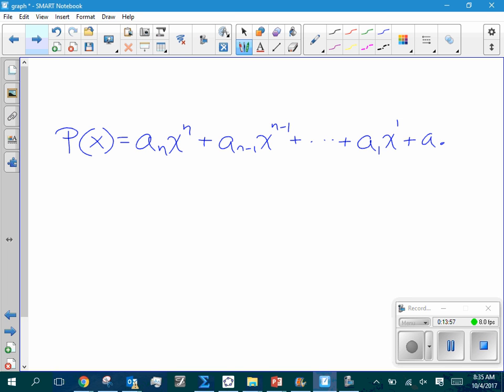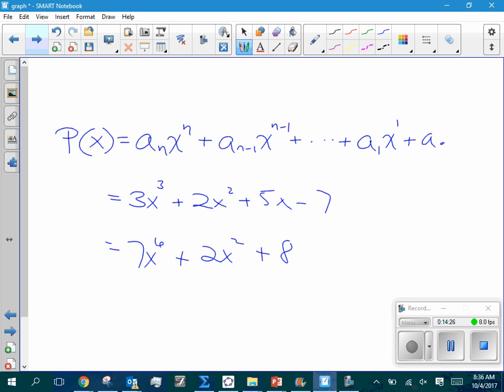So something like 3x cubed plus 2x squared plus 5x minus 7, or something like 7x to the 6th plus 2x squared plus 8. Those are all polynomials, right? Okay. If I have a polynomial, the idea, hopefully you can recognize this, is no matter what I plug in for x, I can always look at that bottom one.